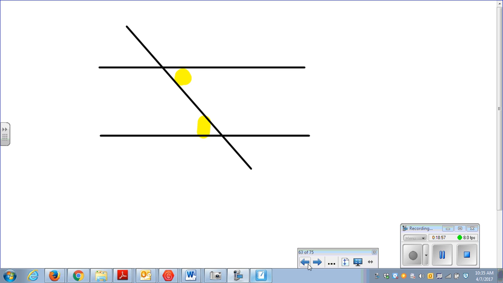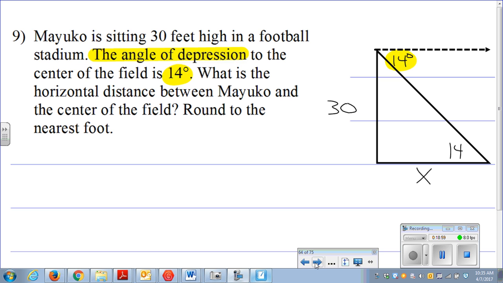So with that being said, this angle here, which is 14, is also 14 degrees here. Now that we know that this angle on the inside is 14 degrees, we can go ahead and solve using our trig.